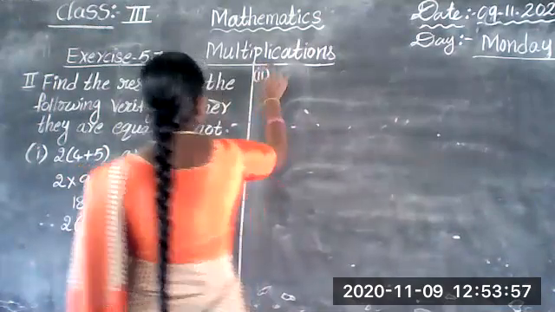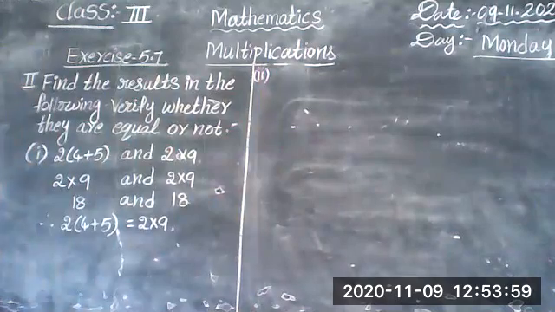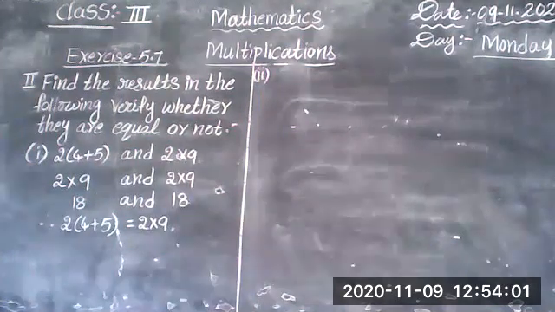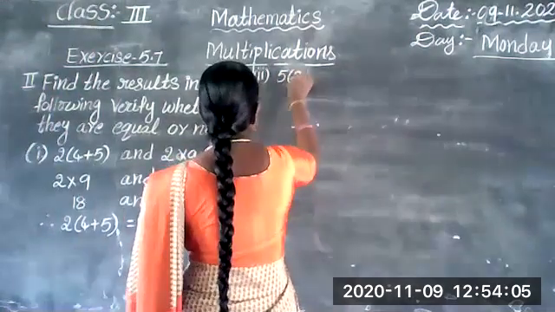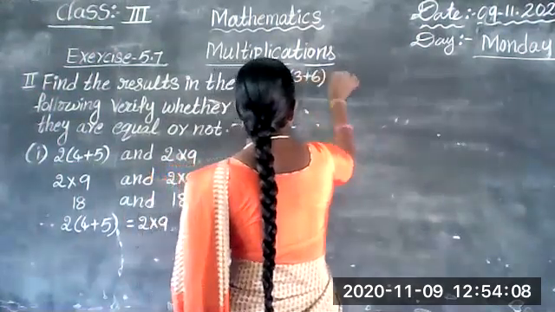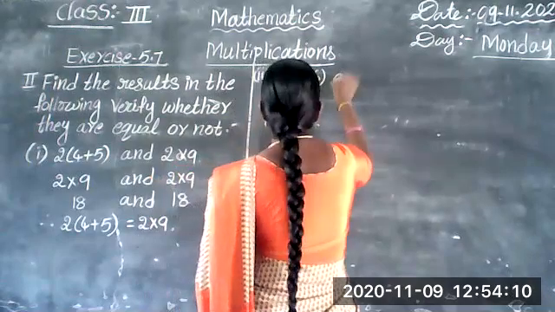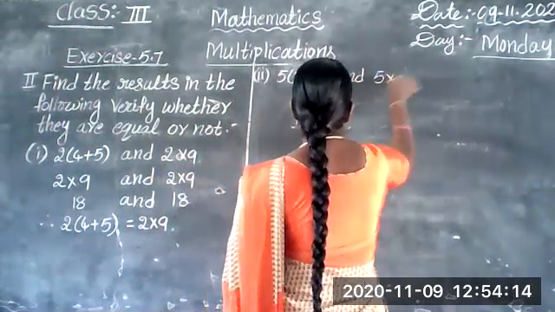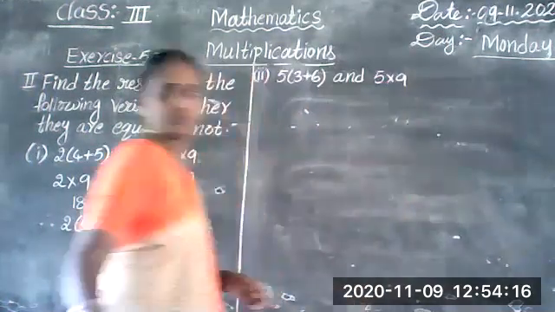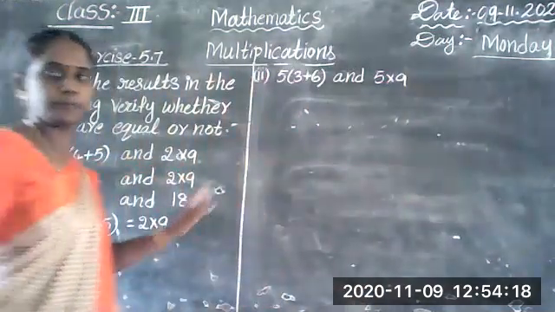Second one. 5 into 3 plus 6, and 5 into 9. This is the question.